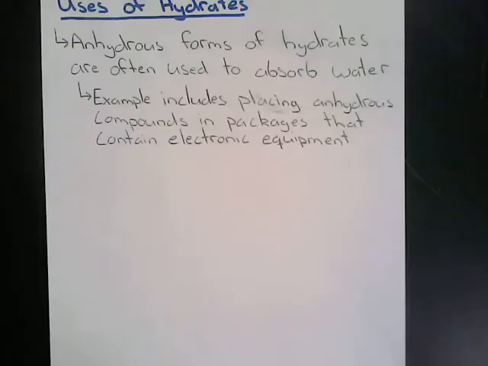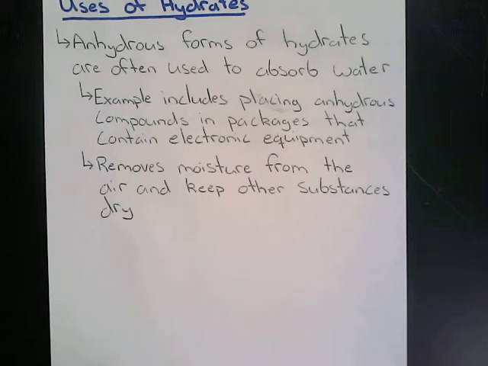An anhydrous form can also remove moisture from the air and keep other substances dry. An example of something like this would be a desiccator, which is used in a chemistry lab and helps absorb water from the air.